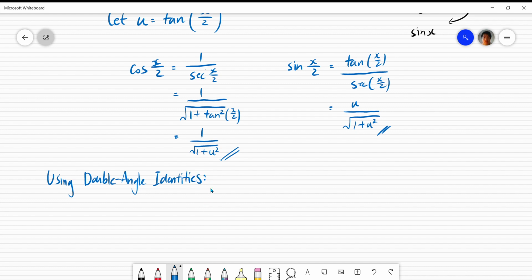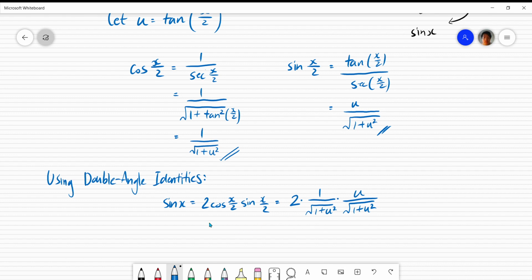Okay, we can find that sine of x is 2 cosine x over 2 times sine x over 2. Well, what is that going to give us? This is 2 times cosine of x over 2, which we just worked out, it's 1 over the square root of 1 plus u squared, times sine of x over 2, which is u over square root of 1 plus u squared.